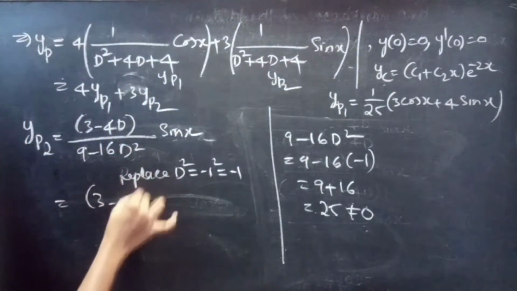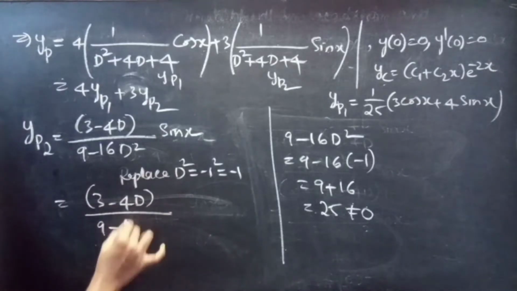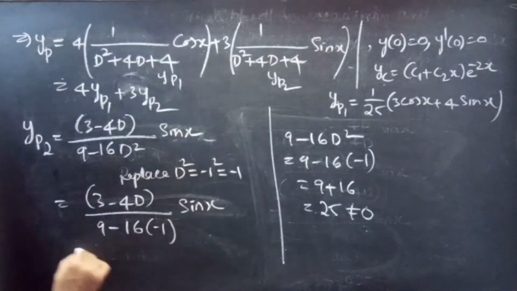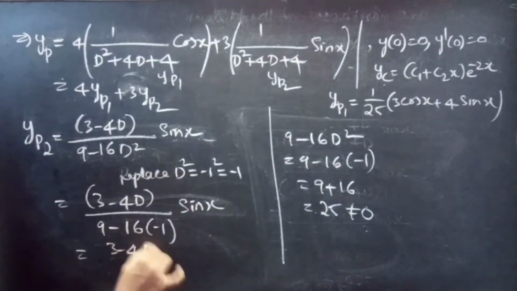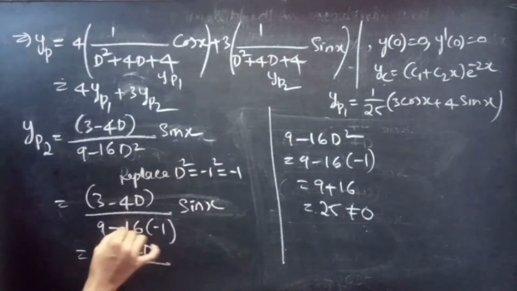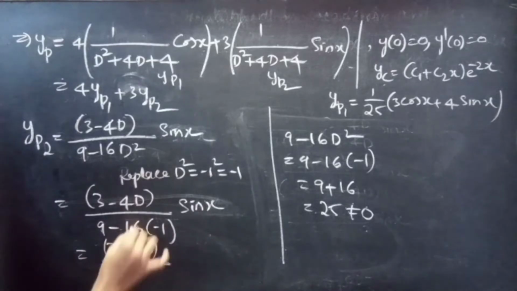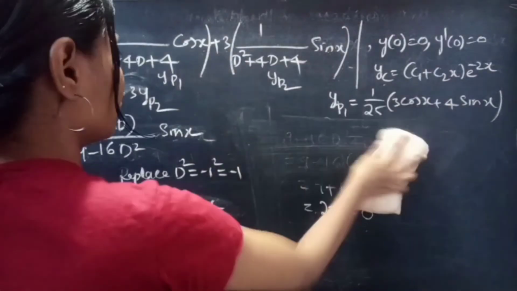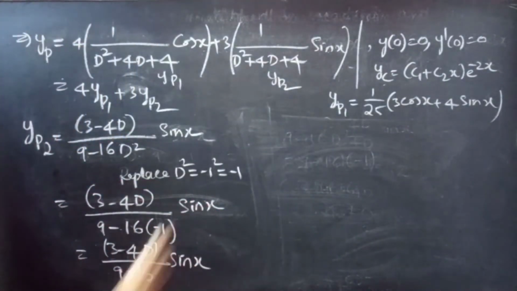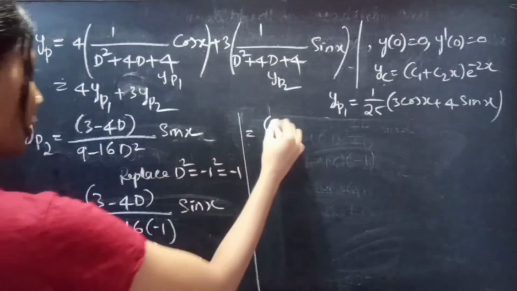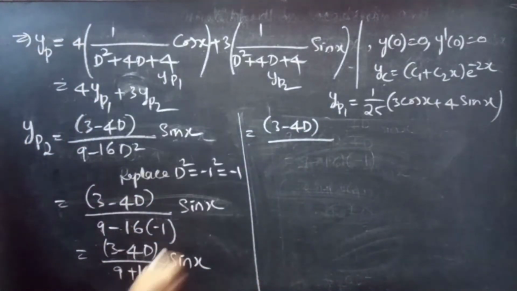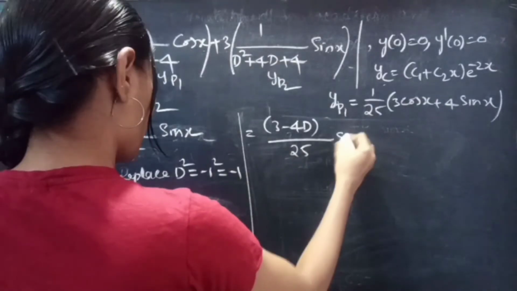Then we'll get 3 minus 4D by 9 minus 16 into minus 1 into sin x, which equals 3 minus 4D by 9 plus 16, 25, into sin x.